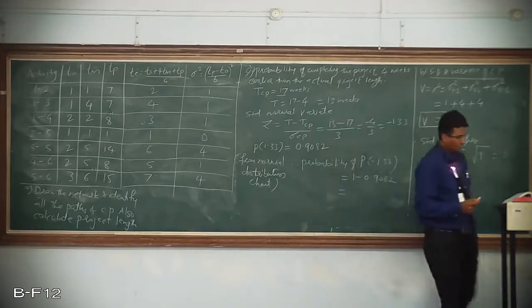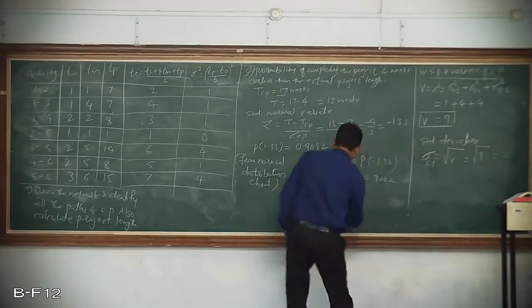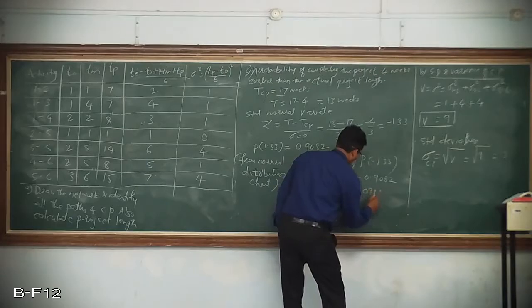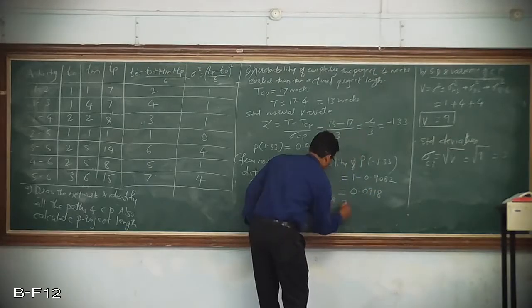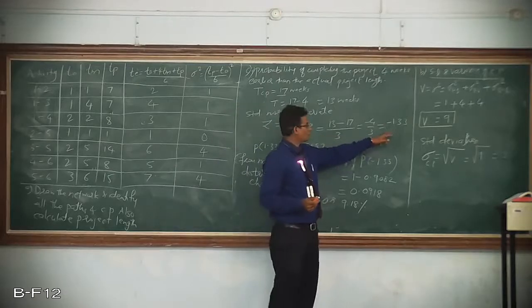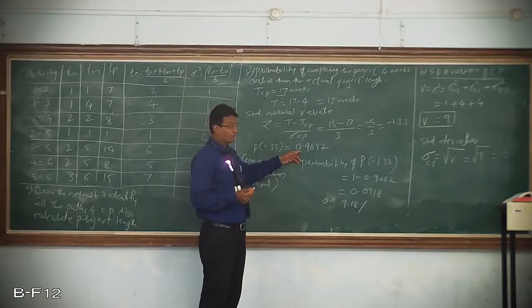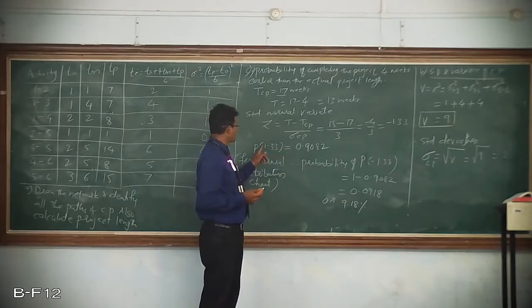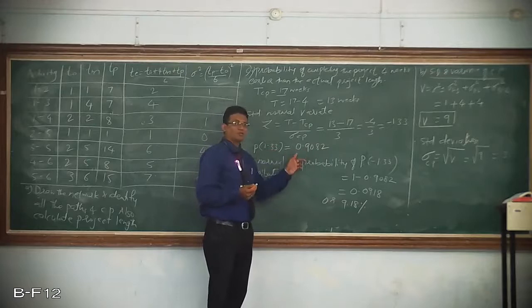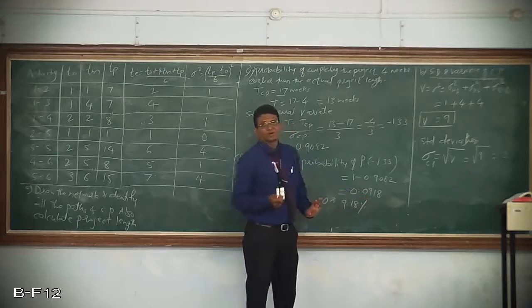I'll just calculate and let you know. It is 0.0918, 9.18%. Correct? Because this is a negative value that you have obtained. So first calculate the Z value, then from the normal distribution chart calculate the probability of 1.33, which is 0.9082. So if I want to calculate the probability of minus 1.33, just subtract this value from 1, and I'll get the probability of minus 1.33, which is nothing but 9.18%.